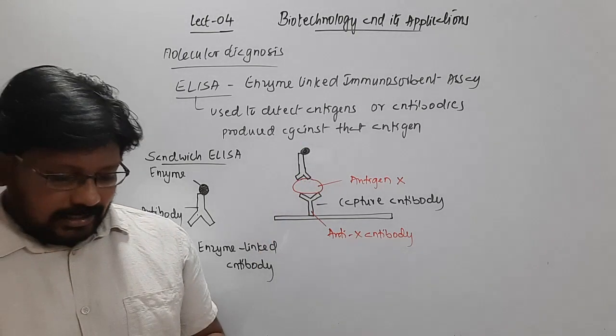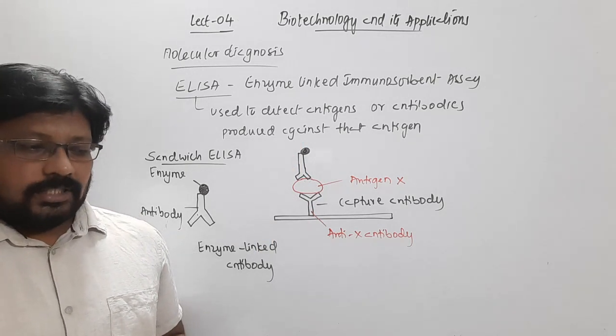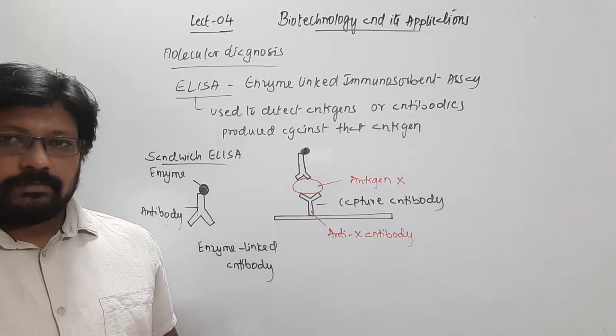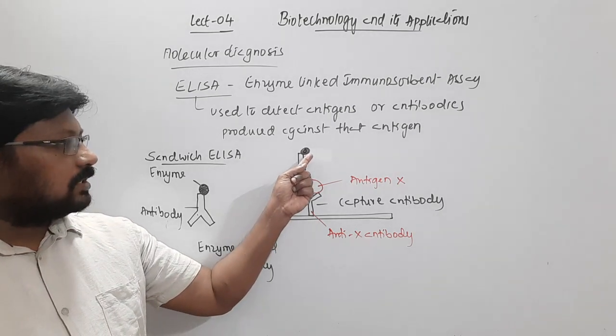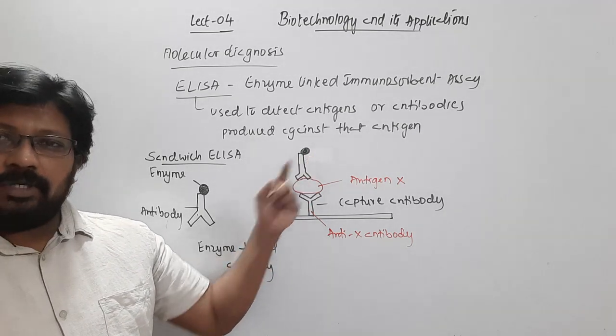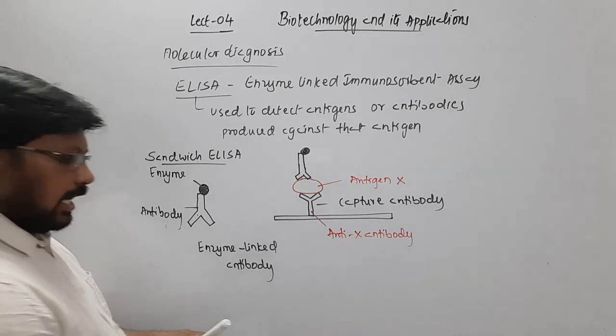Once this is finished, I'm going to add a chromogenic substance that turns into a particular color, because the enzyme is present here. This enzyme is able to catalyze the reaction and convert the color.